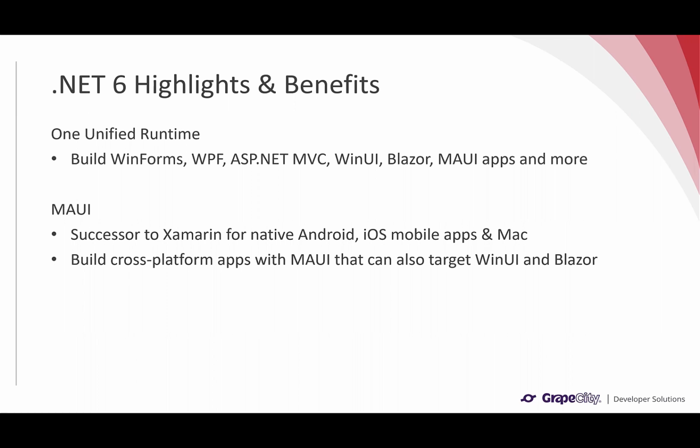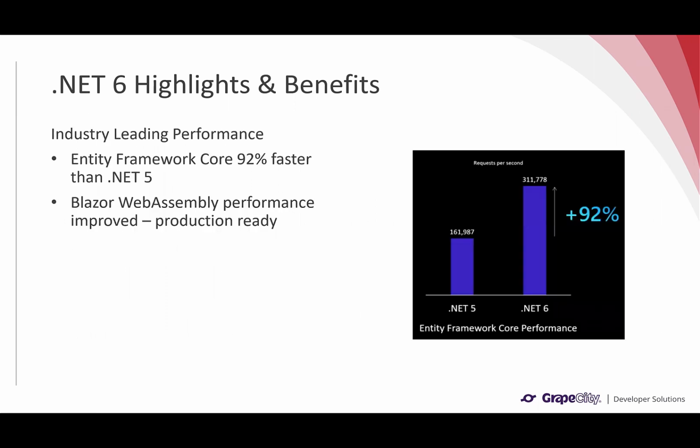So .NET 6 is really continuing this unified vision of having a single .NET runtime that can be used everywhere across the desktop, web, and mobile. Next, and perhaps the biggest benefit to migrating to .NET 6, is the performance improvements. Last year, .NET 5 was released as sort of an intermediate stepping stone between .NET Framework and .NET 6, with just 1 year of committed support by Microsoft.